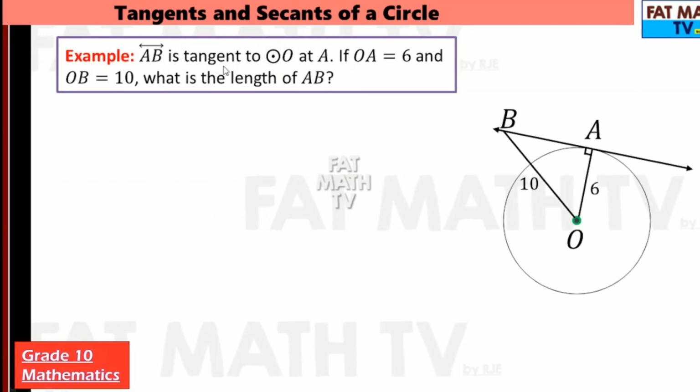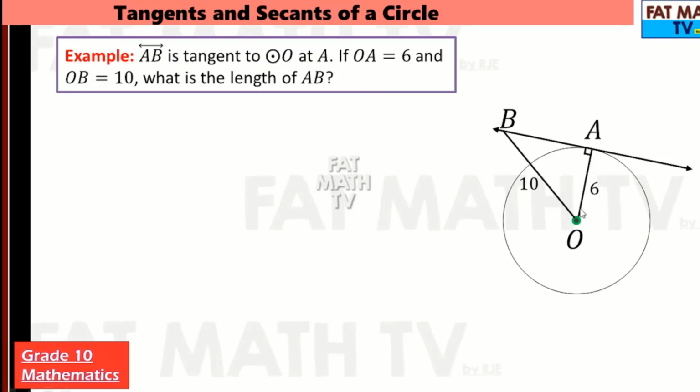Line AB is tangent to circle O at point A. If OA, this radius, is 6 units, and OB is 10, what is the length of AB? As we can see here, they form a right triangle, and 10 is the hypotenuse, and OA is one of the legs.